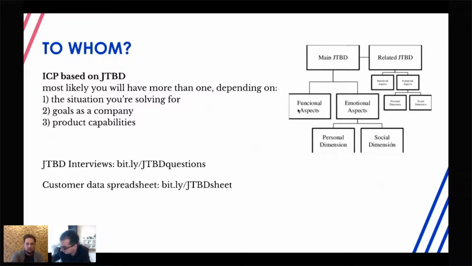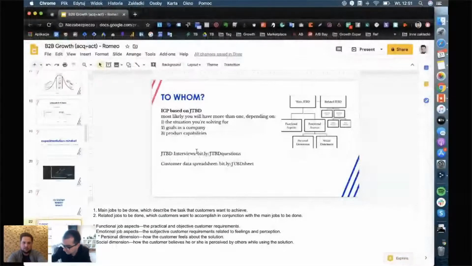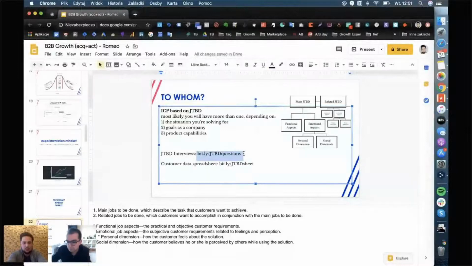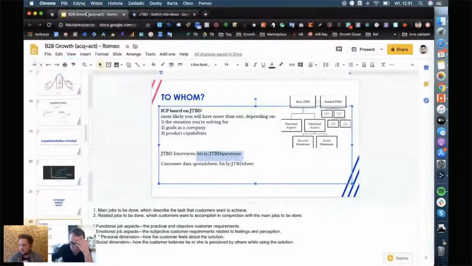So we consider here functional aspects, emotional aspects, in personal dimension and also social dimension. And I got here a template for these interviews that I think this is the best time to do right now: talk to your customers and identify how their needs and their fears changed over time.